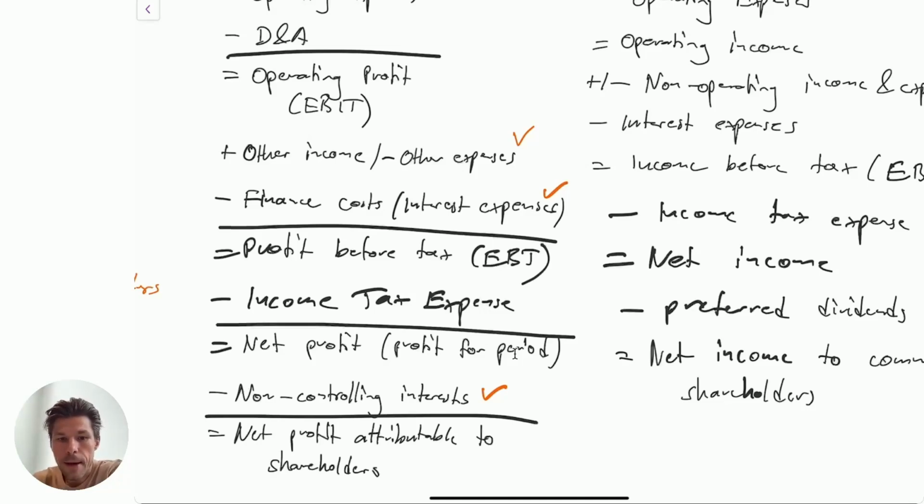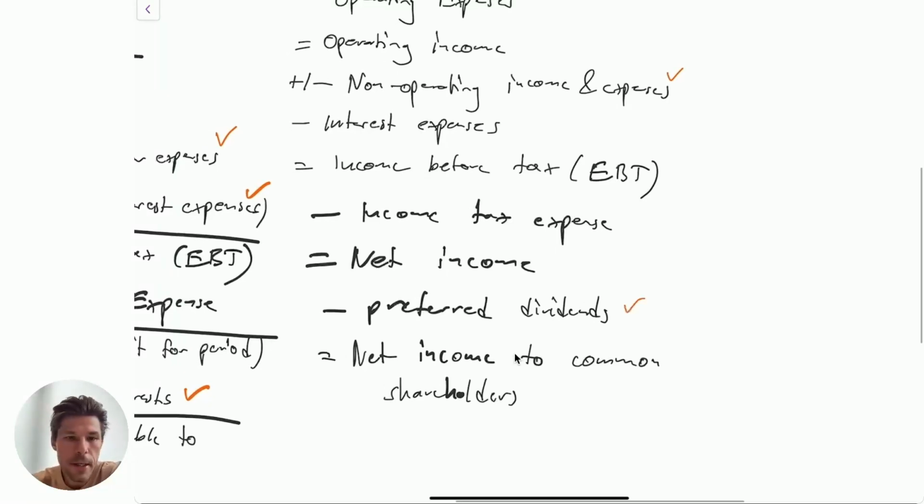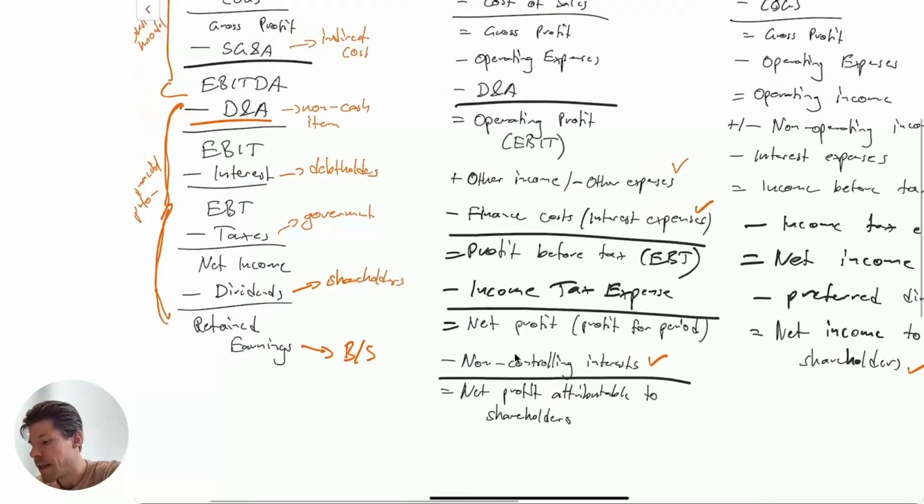And yeah, it's not shown in my format because, again, it doesn't help me to explain some of the concepts, but under IFRS it is. And then the last one under US GAAP, preferred dividends. If a company issues preferred shares, the dividends paid to those shareholders are subtracted from net income because you want to see your clean net income that is available to common shareholders. Which I again haven't done here.